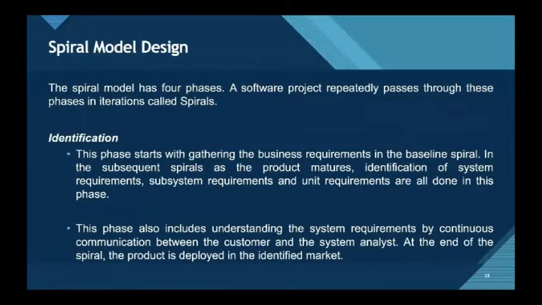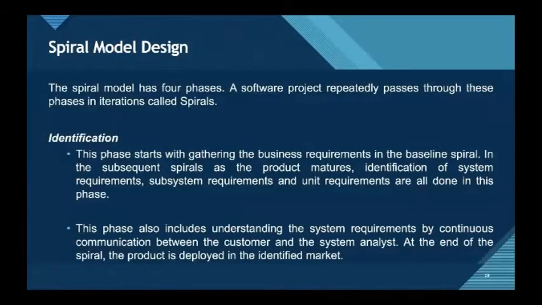So the spiral model has four phases. A software project repeatedly passes through these phases in iterations called spirals. Identification. This phase starts with gathering the business requirements in the baseline spiral.